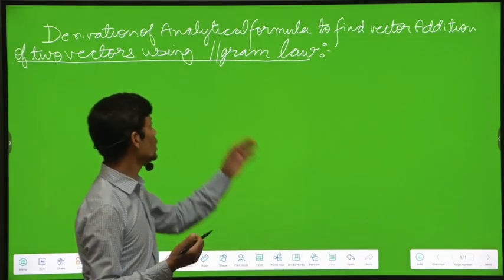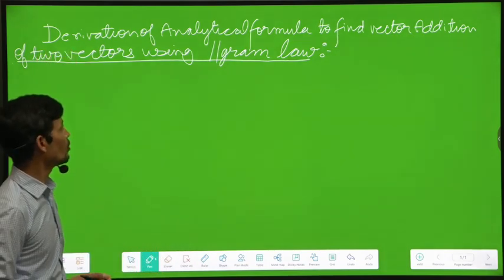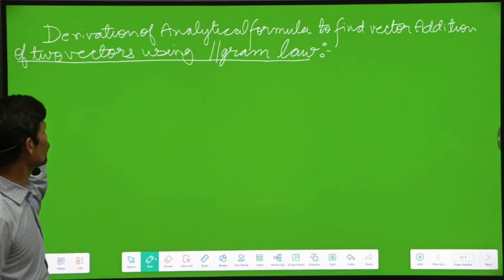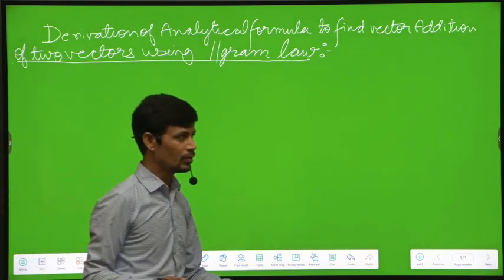Alright, so here we have the derivation of the analytical formula to find the vector addition of two vectors using the parallelogram law.